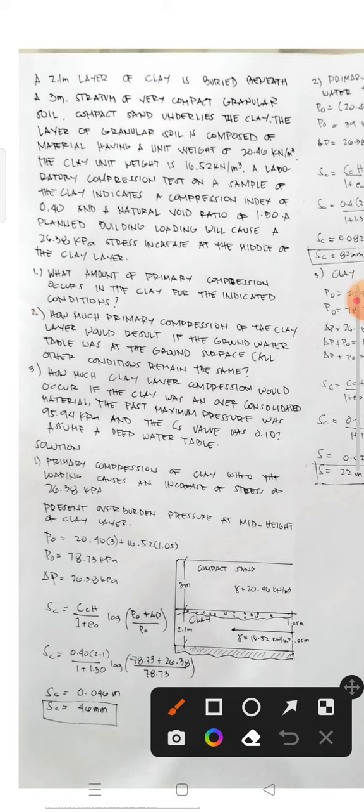So, 20.46 times 3 meters plus natin yung unit weight ng clay times natin siya sa mid height, sa kalahati ng height nito, which is 1.05 meters.